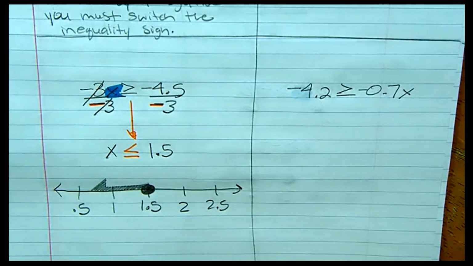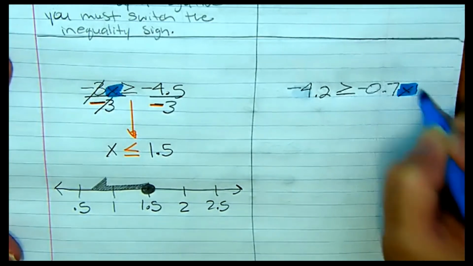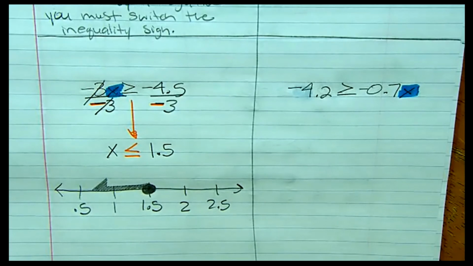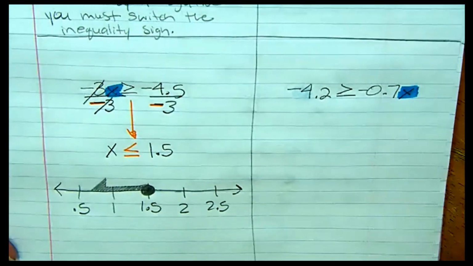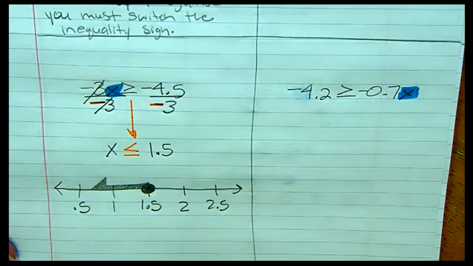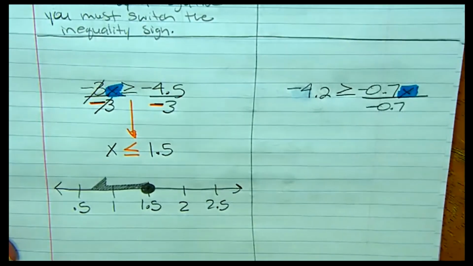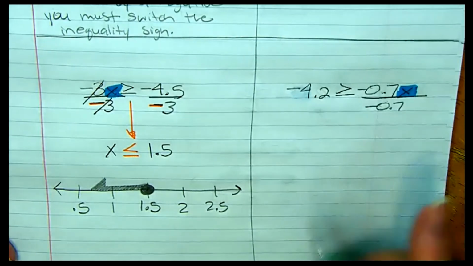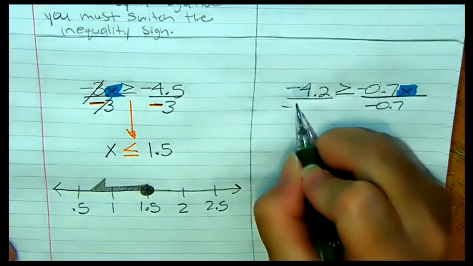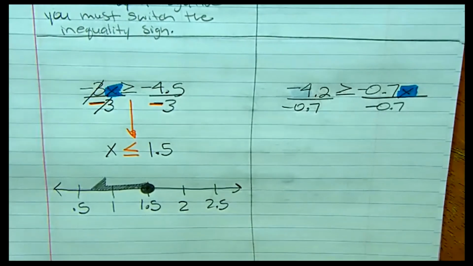Okay, let's go ahead and solve this together. I know I need to isolate my variable. So to do that, I need to get rid of this times -7/10. Well, I'm going to divide by -7/10. What I do to one side, I must do to the other.